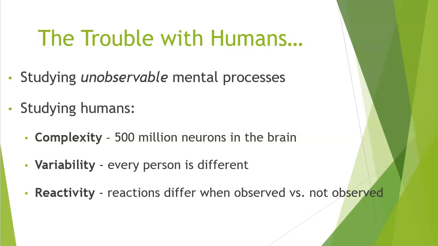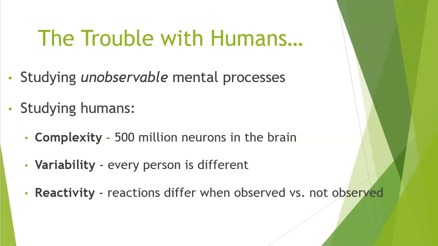People will act differently when they know they're observed versus when they're not observed. You can even think of that as just yourself, how you act around family versus how you act at home or on a job interview. People will react differently in different situations based on who is observing them.